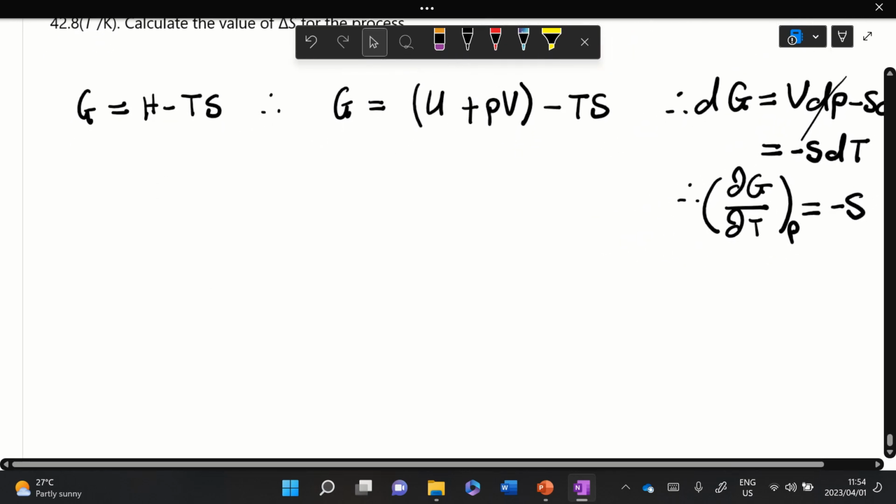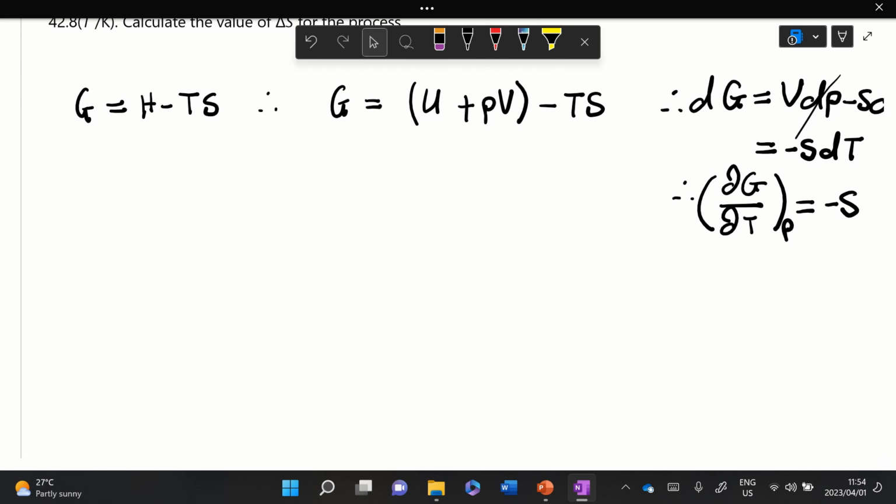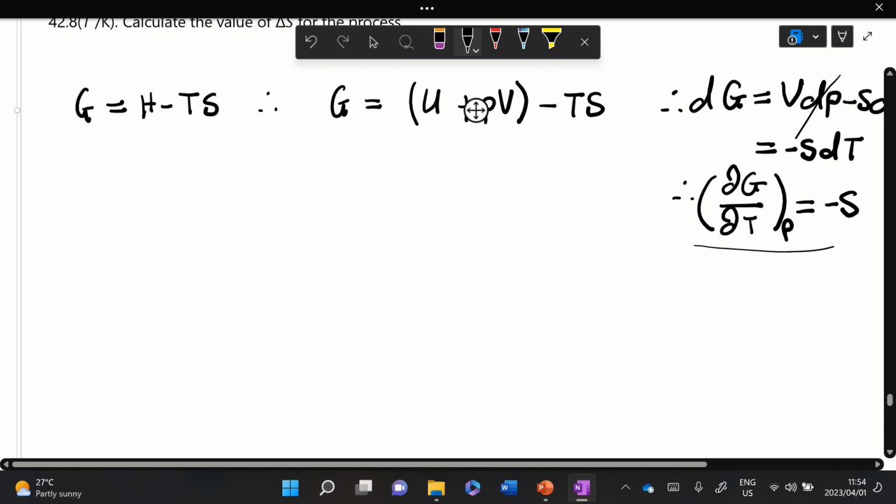But it shouldn't be, because these are state functions, remember? So what are the properties of state functions? It means that we don't really care what happens in between. We can always work with the initial and the final values.